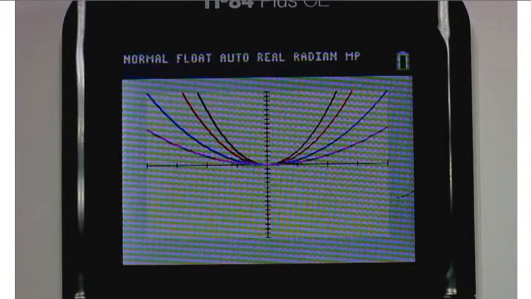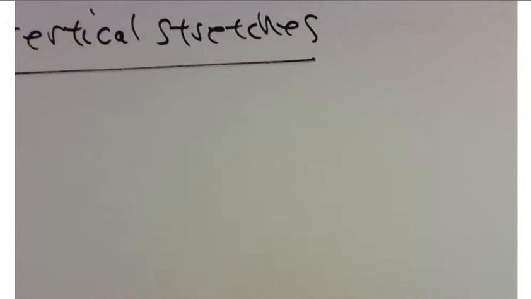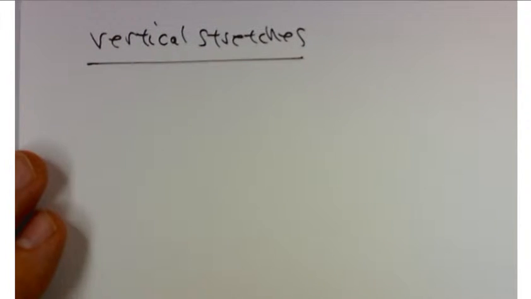So in general, there's really a couple different kinds of things that can happen depending on the value of c. These are your vertical stretches: y equals c times f of x.